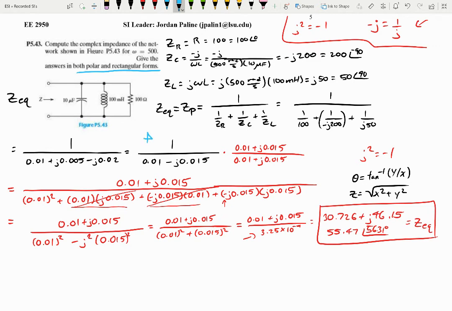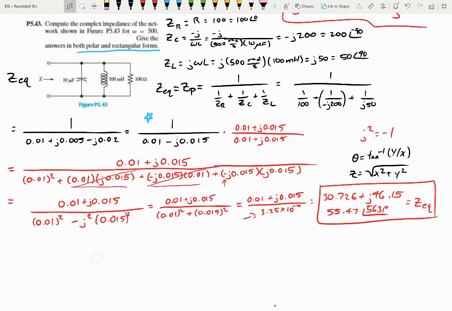So now we'll start from here at this point that we had. And I'm going to rewrite it down here. So 1 over 0.01 minus j 0.015. Now what I'll do is I'll just convert this into polar using the same equations up here.